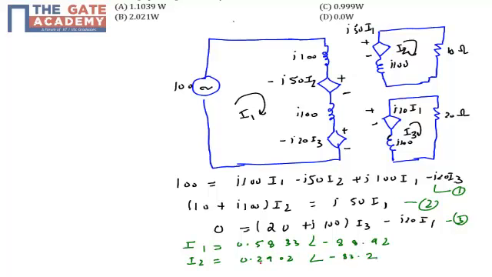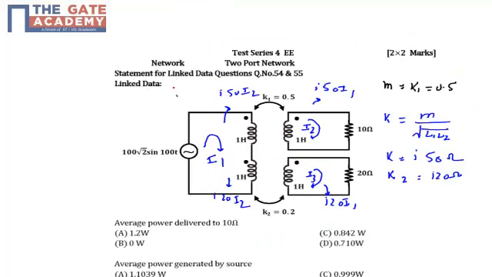Similarly, the current I3 will be 0.1144 at angle 77.6. Now, in the first problem, we need to calculate the power delivered by the 10 ohm resistor.